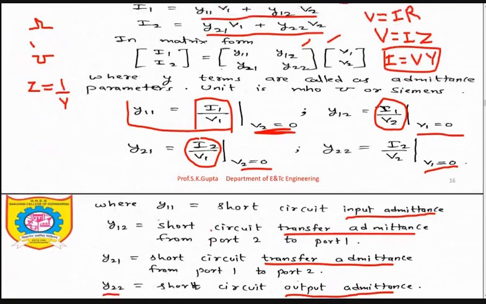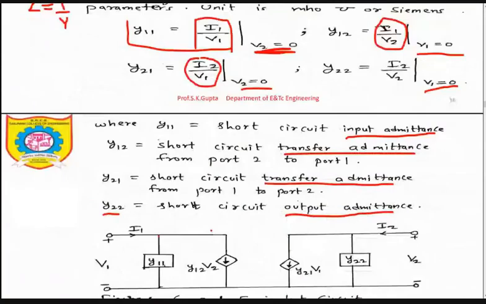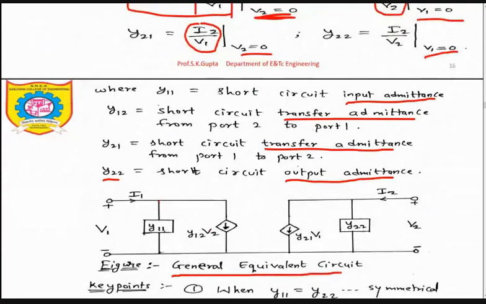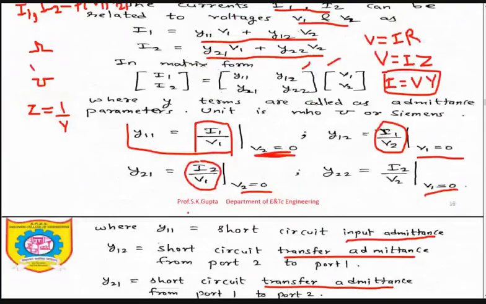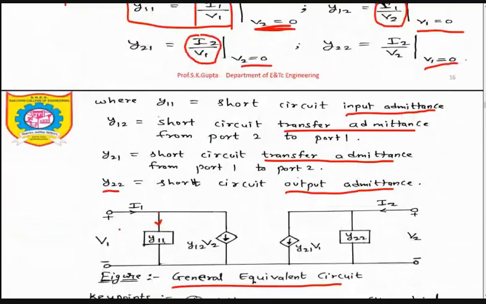So the general equivalent circuit for the Y parameter is like this. This is the figure of the general equivalent circuit. Now, what will be the current through Y11 with voltage V1? Y11 is the admittance, so according to Ohm's law, I equal to V into Y, the current here will be Y11 into V1.